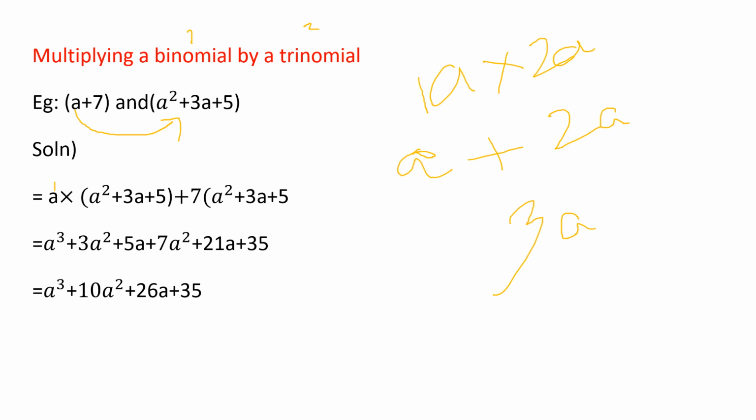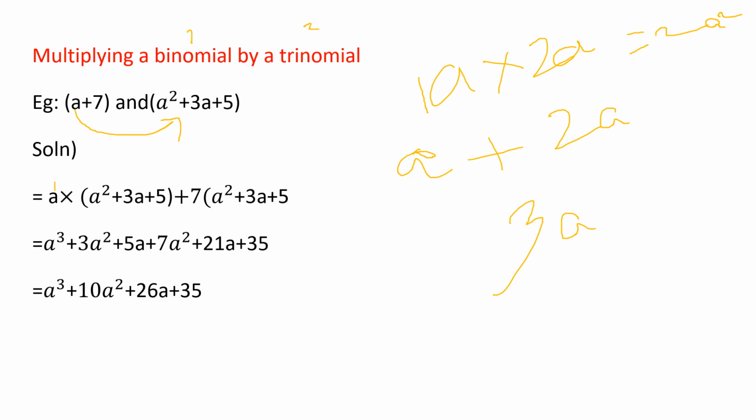So it means 1. A means the coefficient is 1. So 1 into 2, 2. Next a into a square. Okay, is it clear? So here a into 3a, 3a square, plus a into 5, 5a.